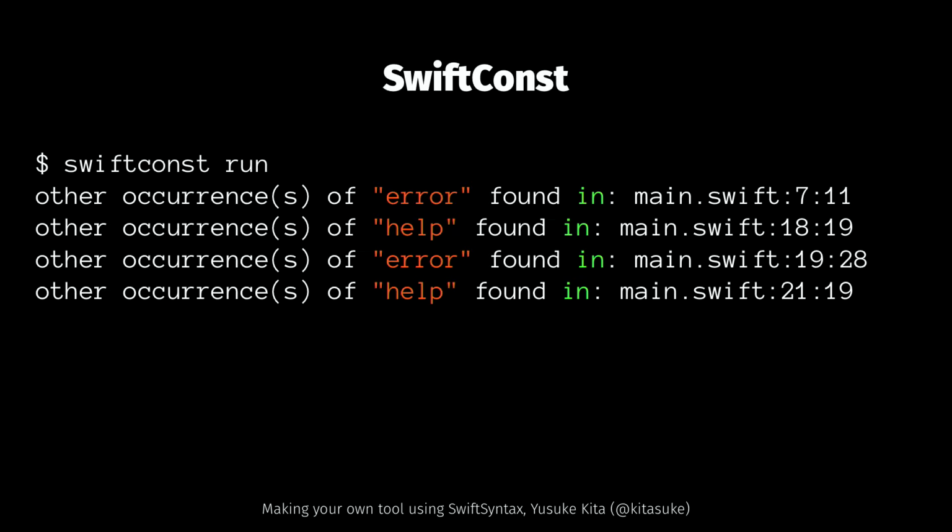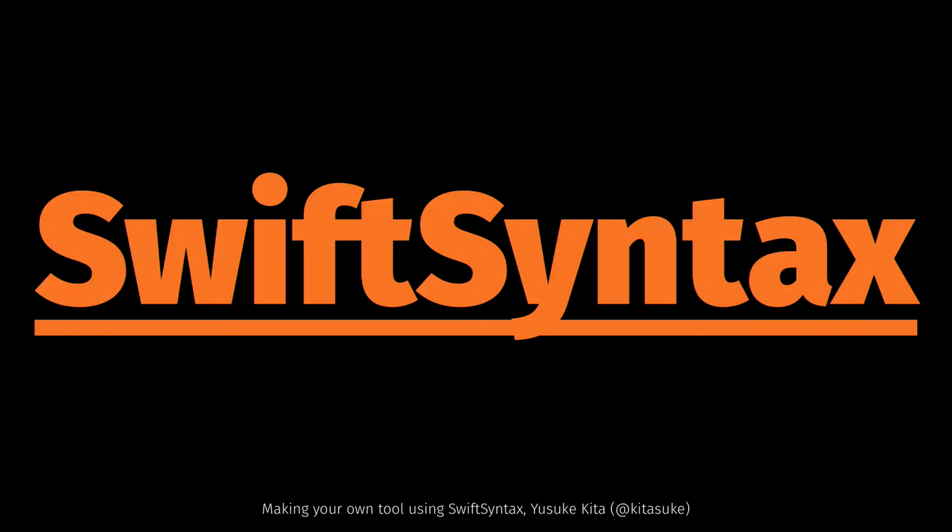If you run this command, you can see raw strings. Like in this case, error and help are used in multiple places, multiple times. So I think it is better to have them as constants instead of having raw strings in many places. So that's what SwiftConst does.